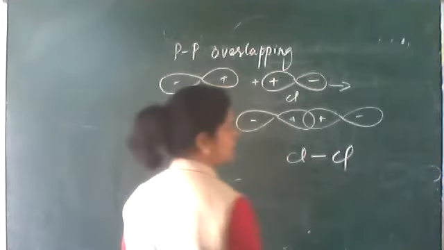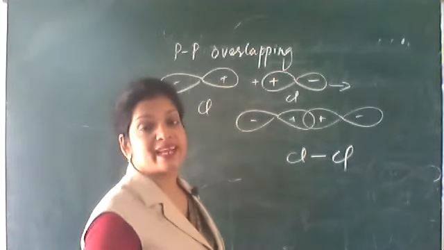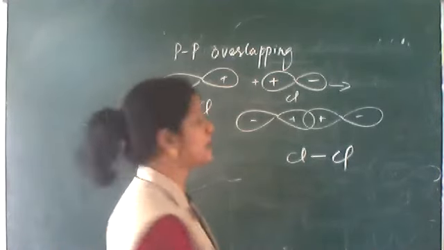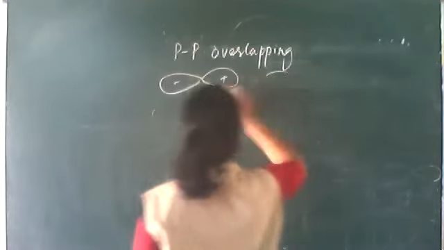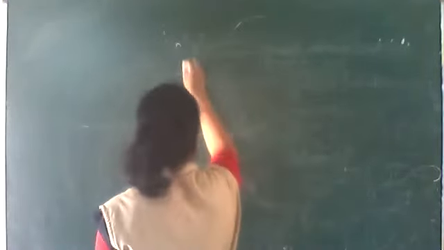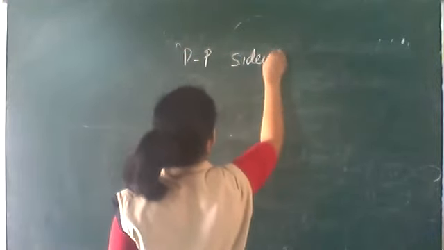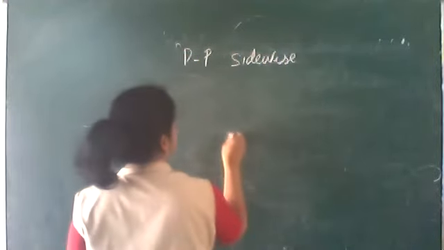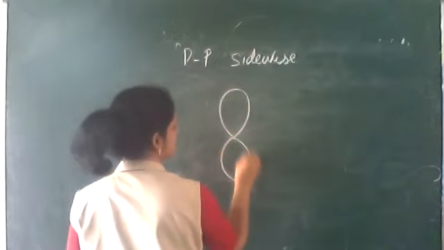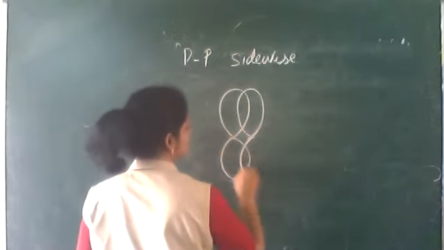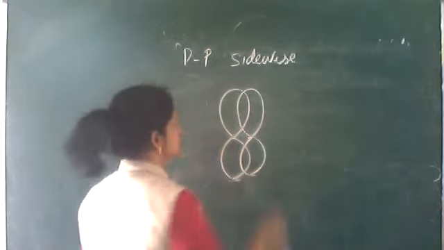Now, another type of bond, a weak bond formed by sidewise overlapping, is called pi bonding. That is again p-p overlapping only, sidewise overlapping, like this.